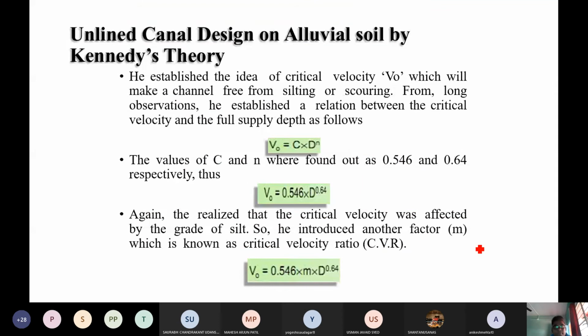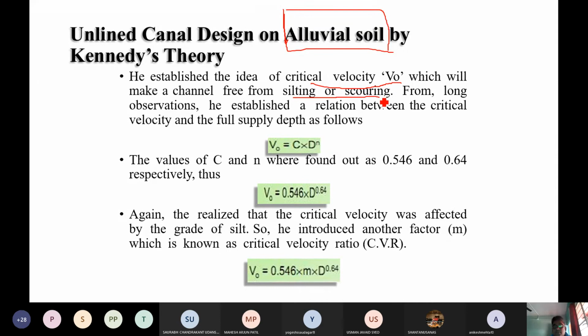Now, unlined canal design on alluvial soil; particularly we are thinking of alluvial soil. Please remember, this theory was investigated by Kennedy. So he established the idea of the critical velocity, denoted by the symbol V0, which will keep a channel free from silting as well as scouring.